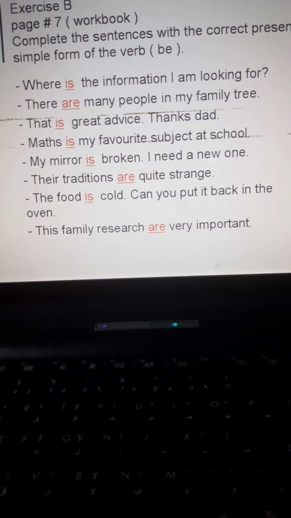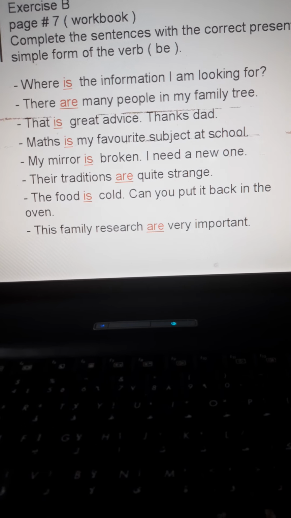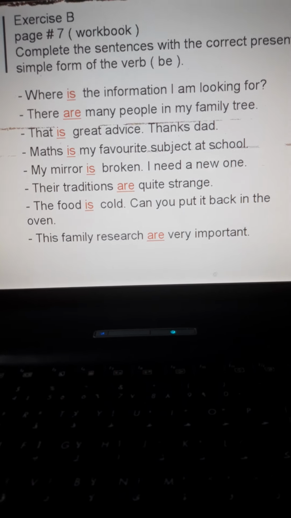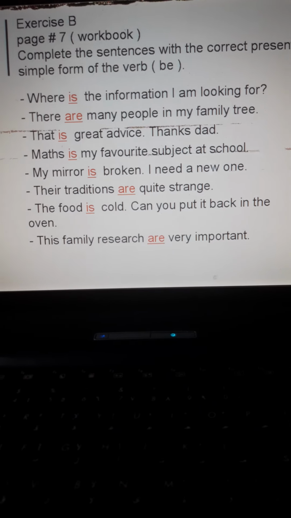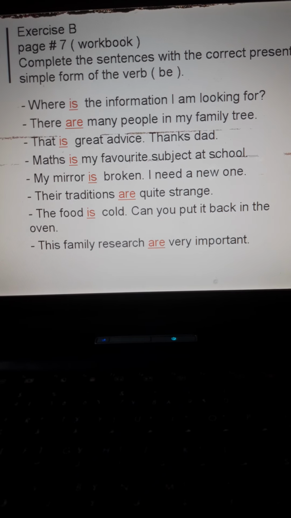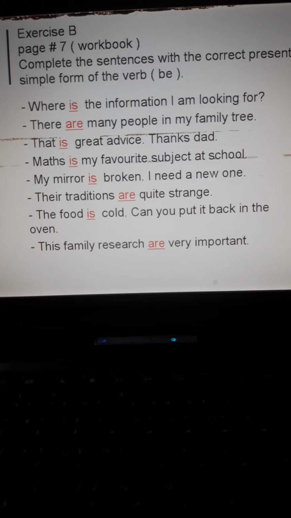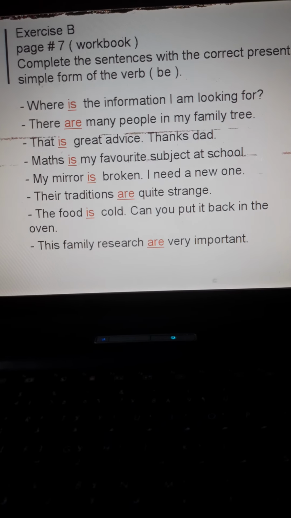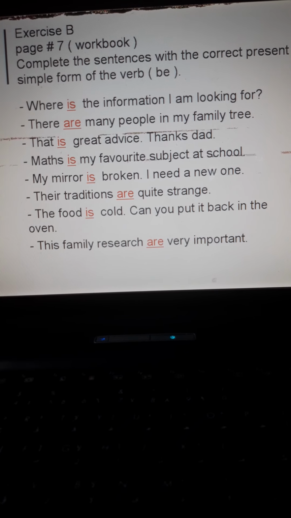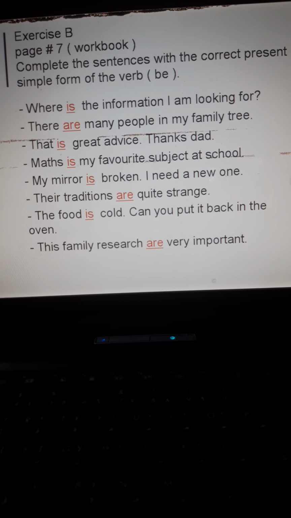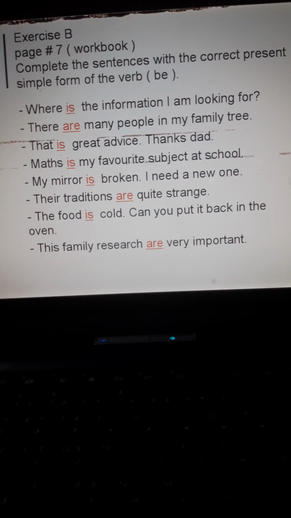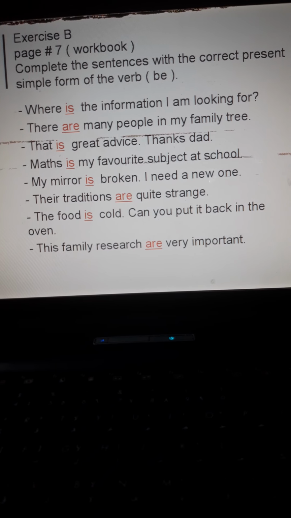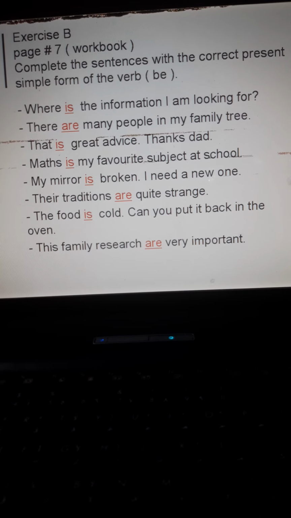You remember food all in all, okay? كنمط طعام. الطعام بالإجمال يستخدم أو يعامل معاملة المفرد. It is an uncountable noun. So, the food is cold. Can you put it back in the oven? Food is an uncountable noun. We don't have foods.